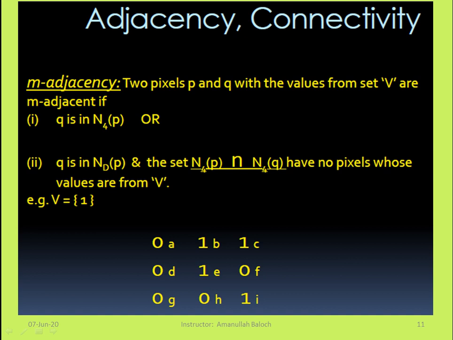We have to find the 4 neighbors of pixel P and the 4 neighbors of pixel Q. These are sets of values, and we have to find the intersection of these two sets and see that there are no pixels whose values are from V. If the gray values of the pixels in the result of this intersection do not belong to V, then P and Q will be adjacent.